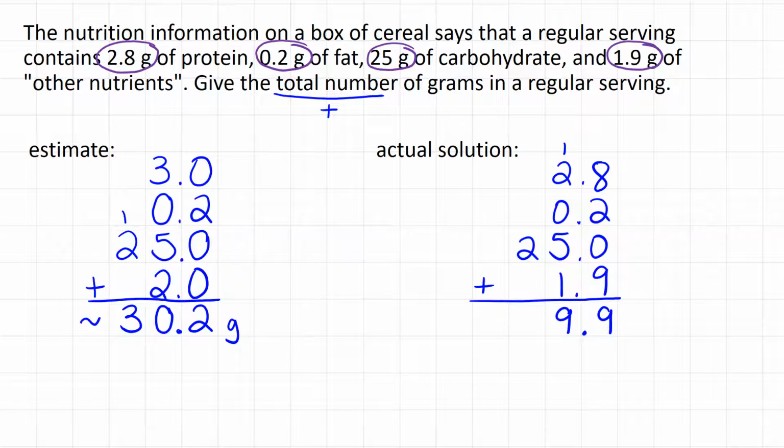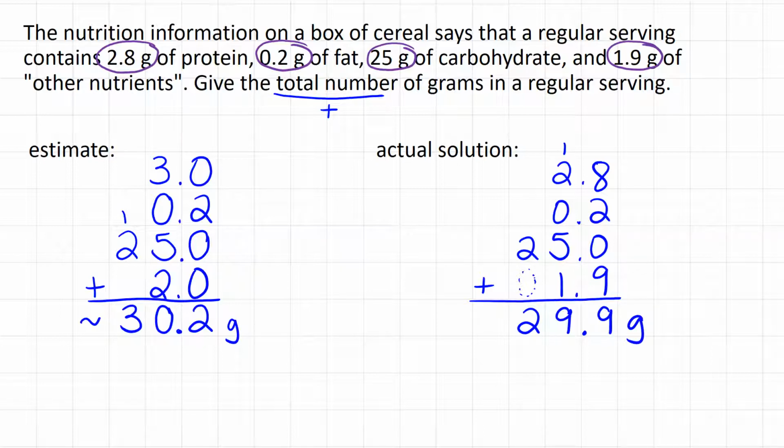No carrying or regrouping needed here, and then just 2 plus, well, there's a little invisible 0 here, so 2 plus 0 is 2. So looking at my estimate, which was about 30.2, and my actual answer, which is 29.9, I think I have figured out the solution and it's reasonable within my estimate.